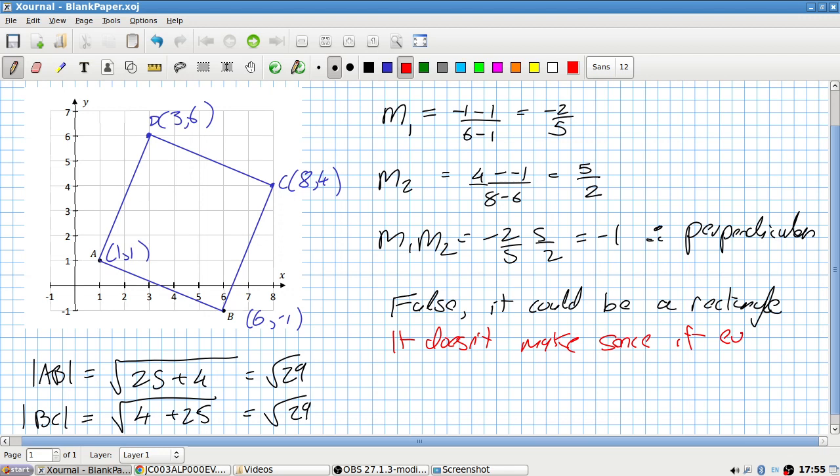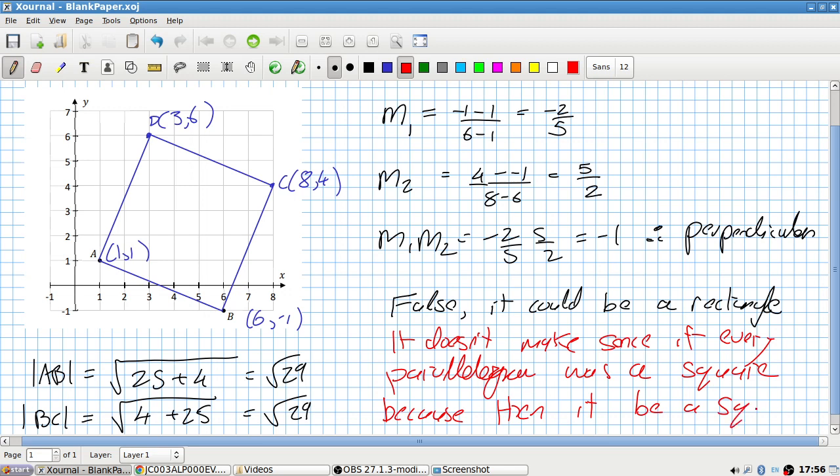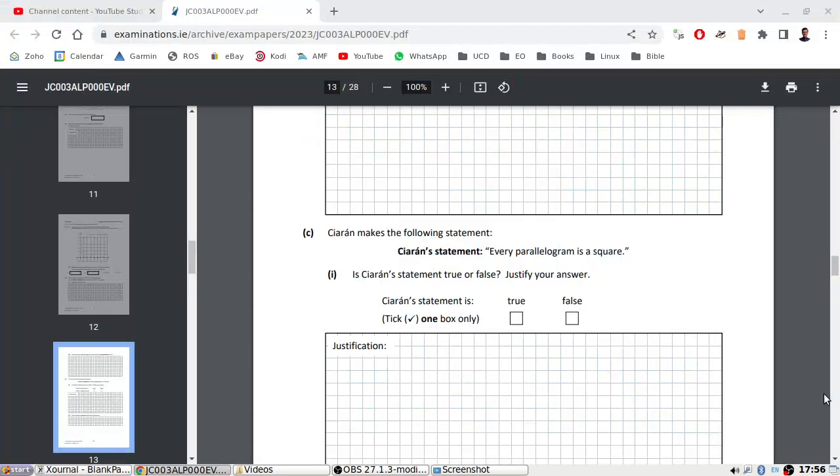If every parallelogram was a square, then it would be a square. It's just a ridiculous question. I don't even know how to seriously answer this.